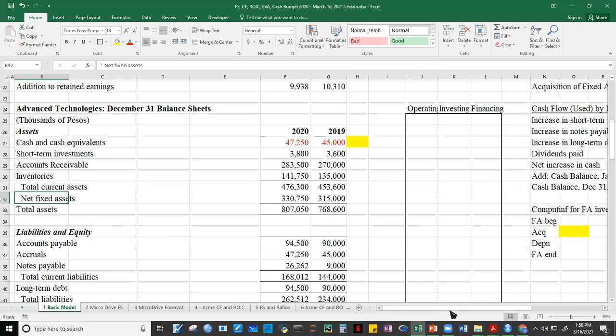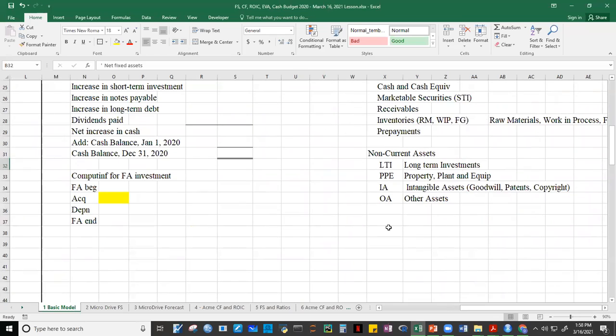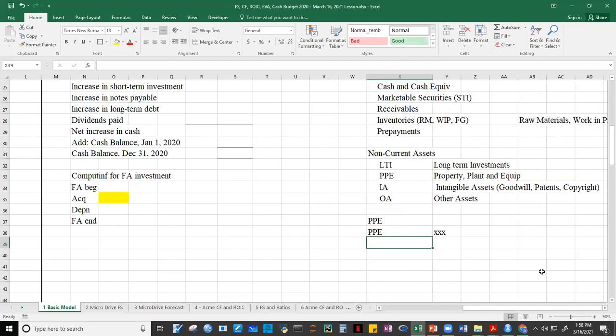Ano talaga yung whole yan? What's the complete way to present your PPE, guys? Paano yun? How should that account be presented? So you have the value of PPE, XXX, and then ano yung contra asset account nito? What did you learn in your accounting? Deduct accumulated depreciation.